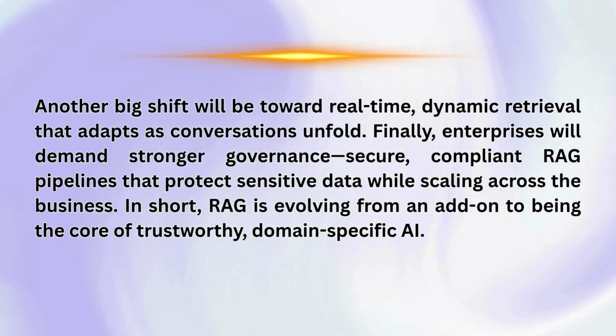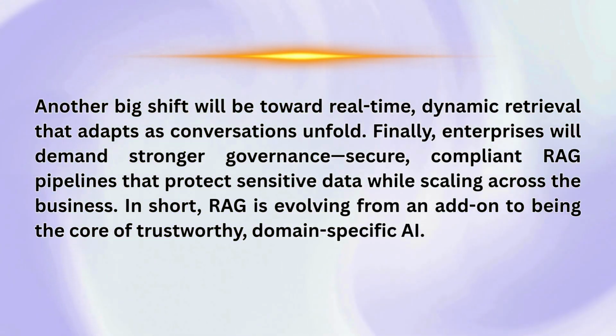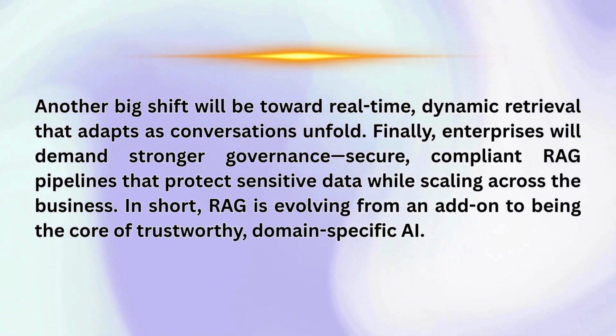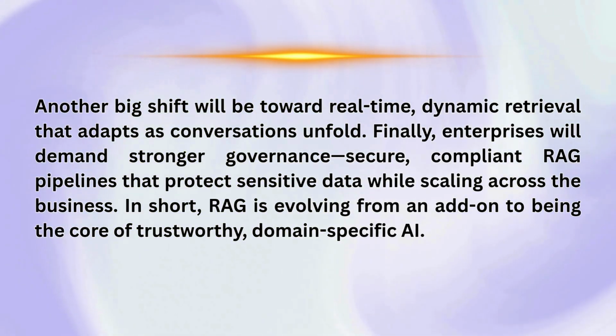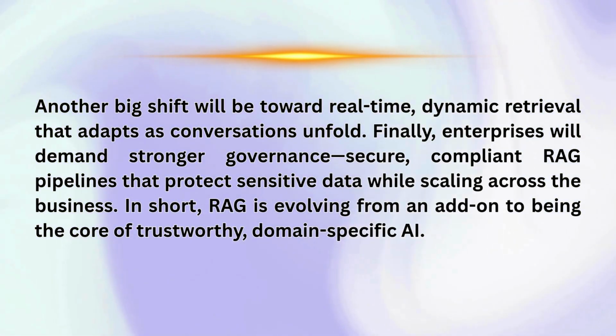Another big shift will be toward real-time, dynamic retrieval that adapts as conversations unfold. Finally, enterprises will demand stronger governance, secure, compliant RAG pipelines that protect sensitive data while scaling across the business. In short, RAG is evolving from an add-on to being the core of trustworthy, domain-specific AI.